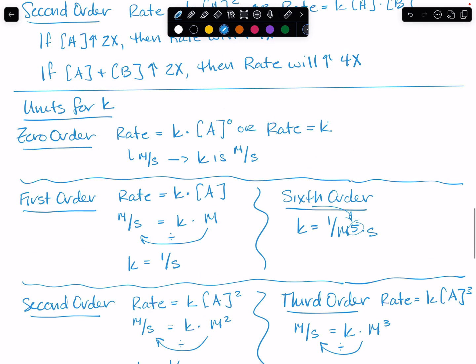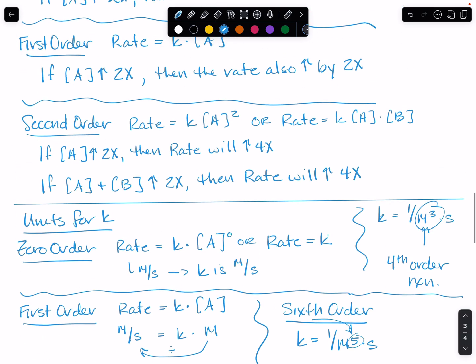If you were given a K value of 1 over molar cubed times seconds, I would use that to determine that it was a fourth order reaction. So the units for K can be very handy when determining the overall reaction order.